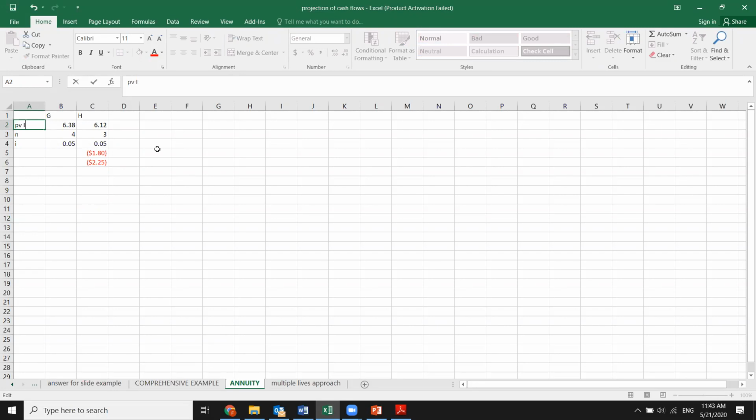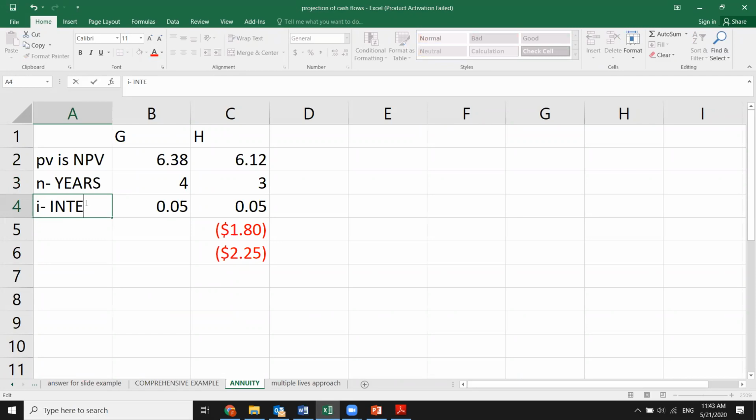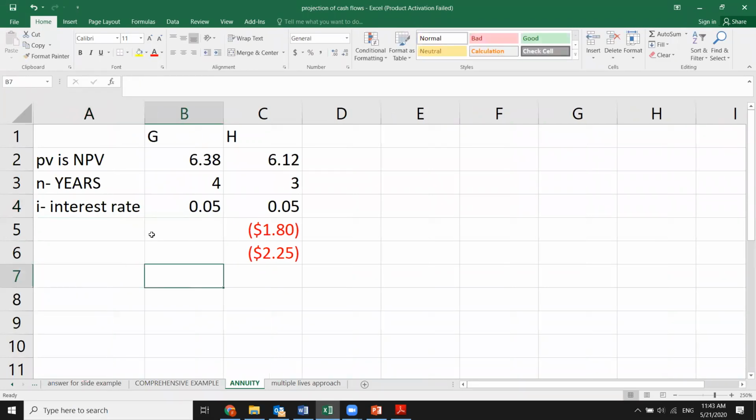N is representing the number of periods, years. I is the interest or required rate of return, the interest rate. So they're both saying 5%. Now we need to calculate the annuity payment. That's it.